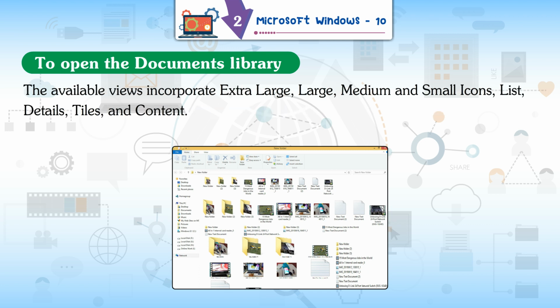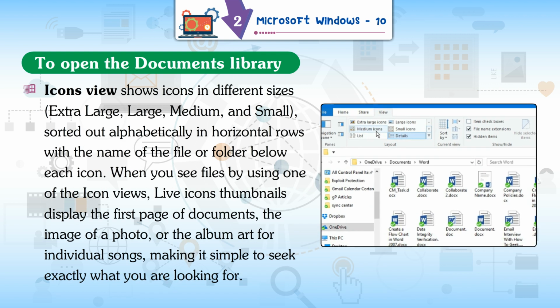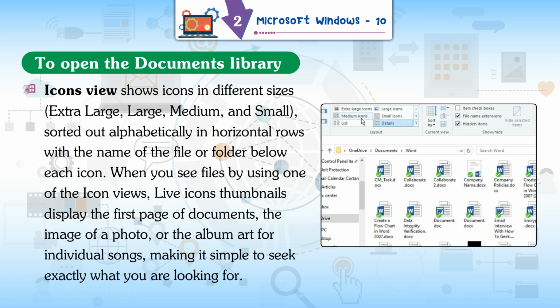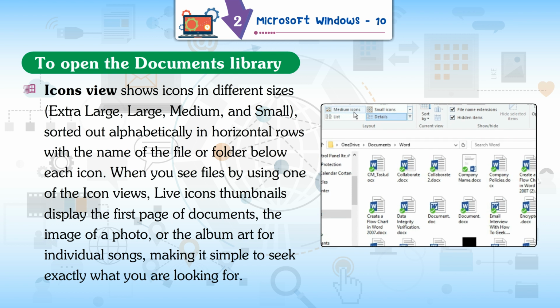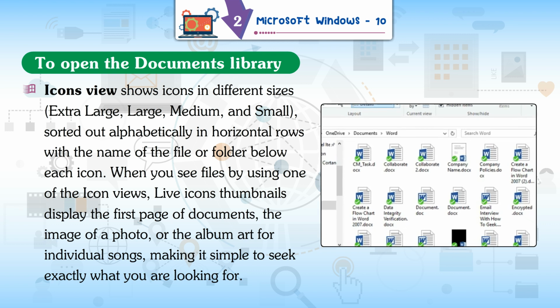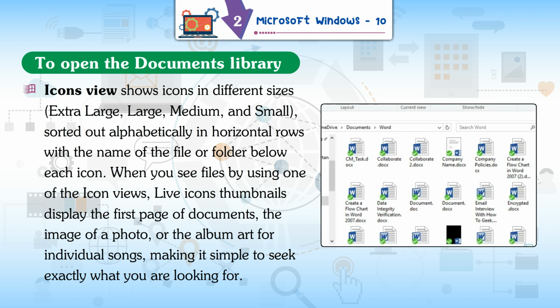The available views incorporate extra large, large, medium, and small icons, list, details, tiles, and content. Icons view shows icons in different sizes, sorted out alphabetically in horizontal rows with the name of the file or folder below each icon.